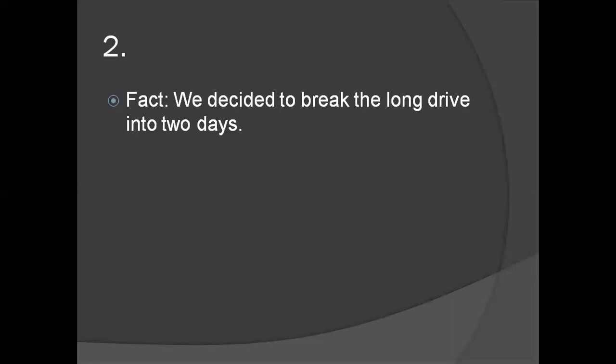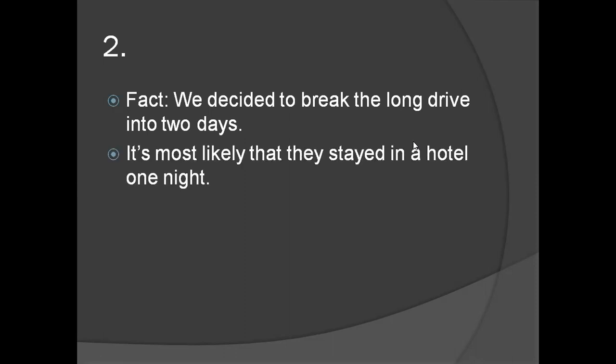Then, another fact. We decided to break the long drive in 2 days. Now, if I ask you to make some guesses, why did we do that? You could make a guess like this: it's most likely that they stayed in a hotel one night. Here no modal verb is used.